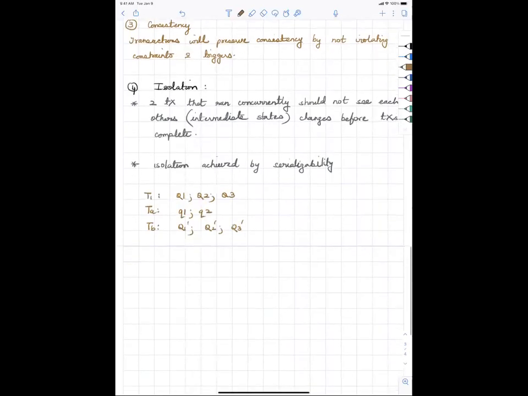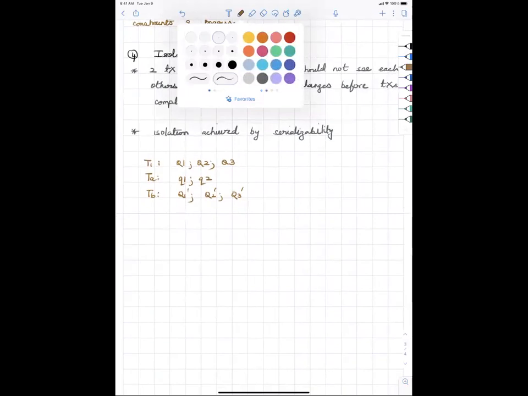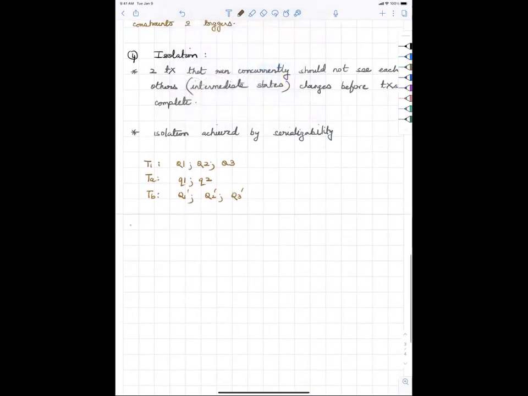So what isolation, or serialization, means is that the database will guarantee something. Let's say that T1 is run by user one.